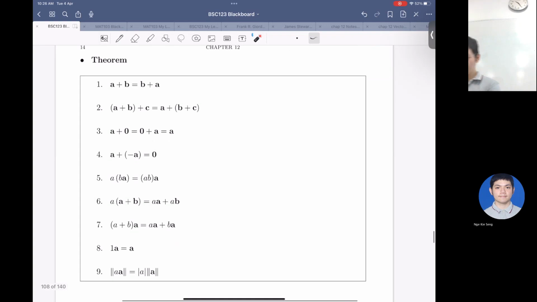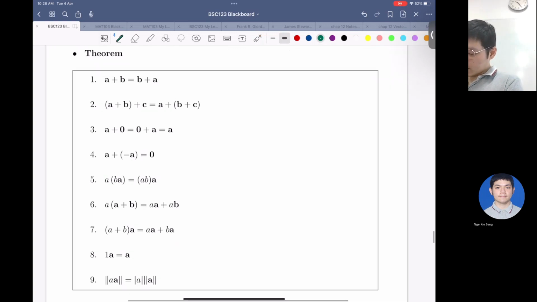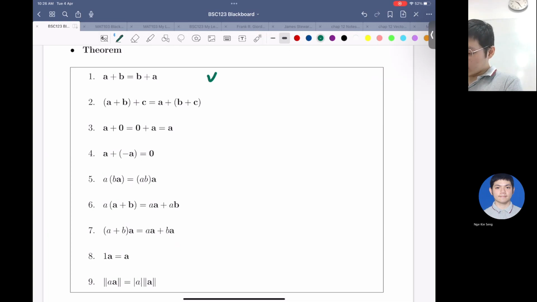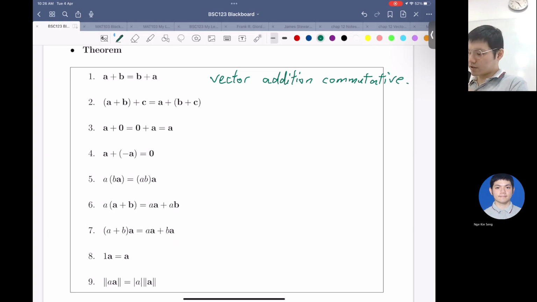Next, this abstract definition here, the theorem. What does it mean here? This means that vector addition is commutative, meaning I don't care how you add them. You can add a with b, you can also add b with a. Switching position doesn't matter. Two is associative.